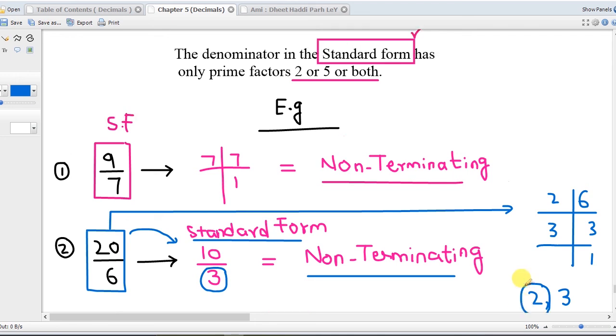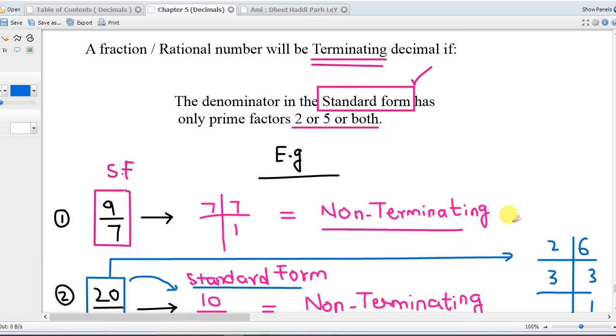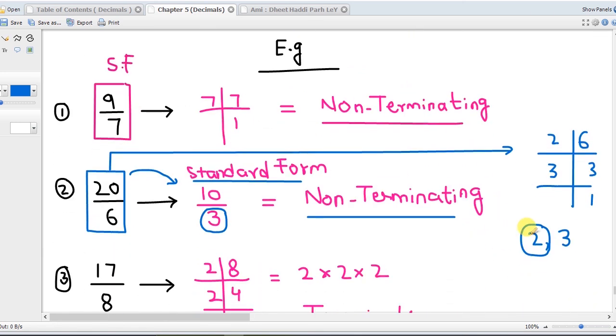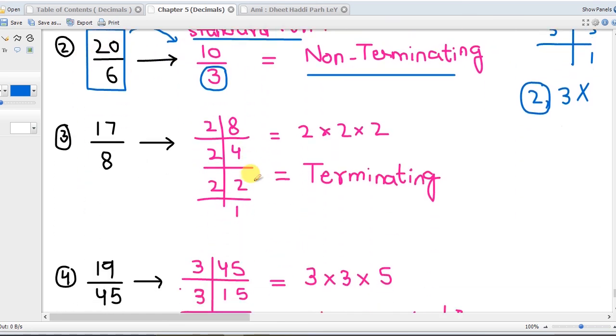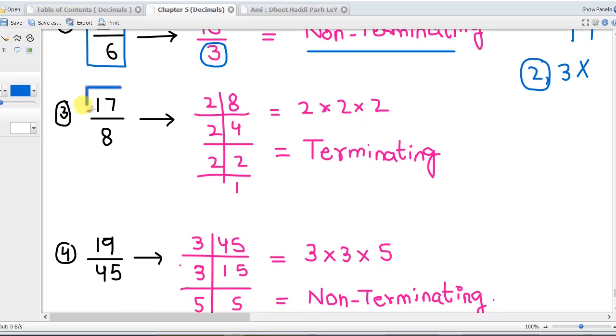But we cannot say it is terminating. Why? Because this number is not written in its standard form. So never make this mistake. Always first try to convert it into the standard form. Okay, moving on to the next question.